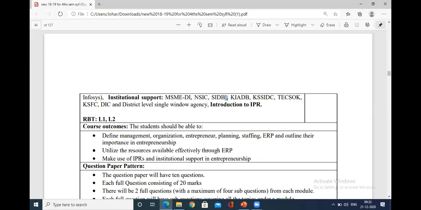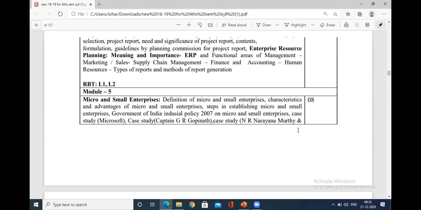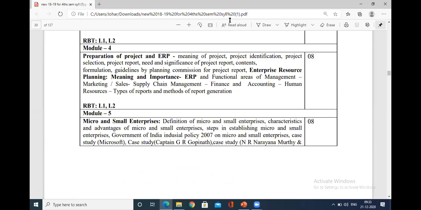So you should be able to know the objectives and functions. You may be asked to list the institutional supports and explain any one of them. At that time you have a provision to study, right? If they ask you the full form of TECSOK and to explain its functionality, you should be able to explain it. So as of now, today, let me stop the session.